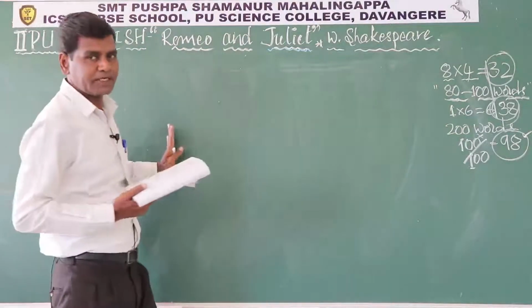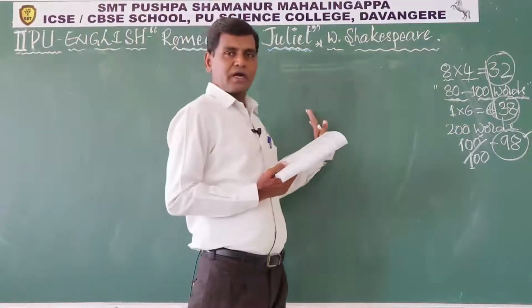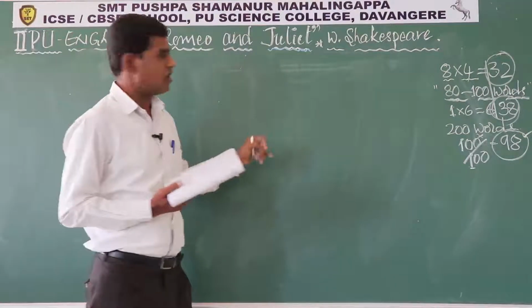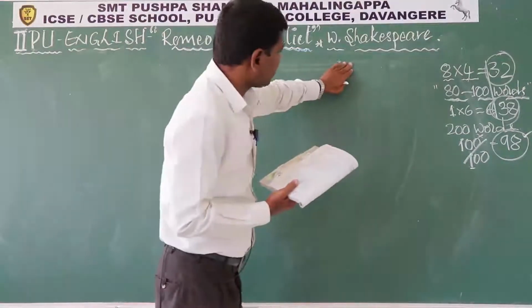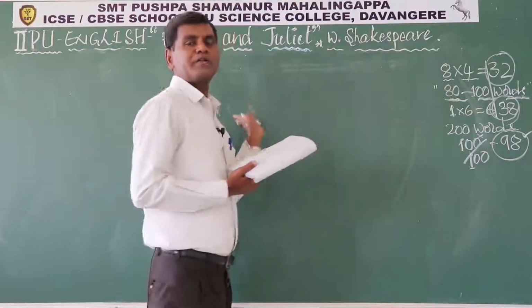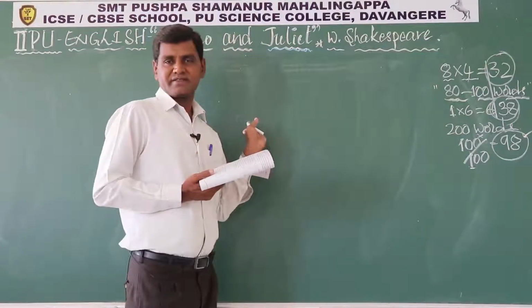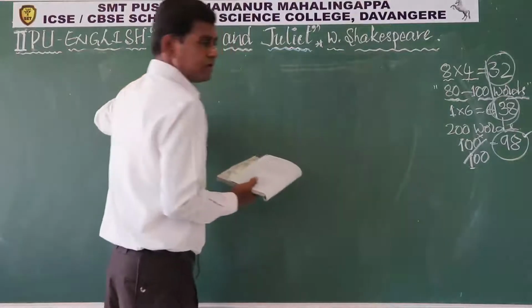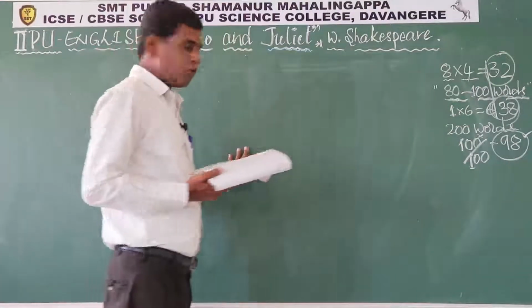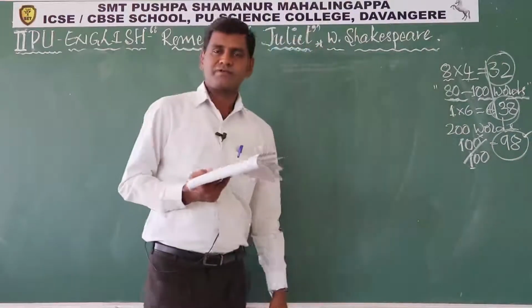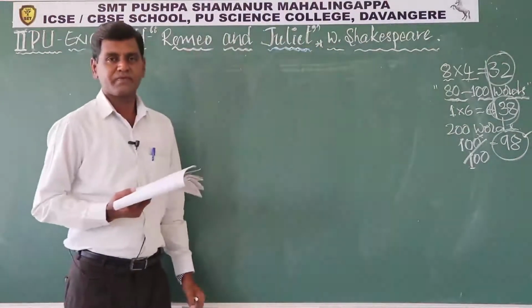It is the party of Capulets, and they never ever invite any member of the opponent family, that is Montagues. And Romeo is a Montague and Juliet is the daughter of Capulet here.